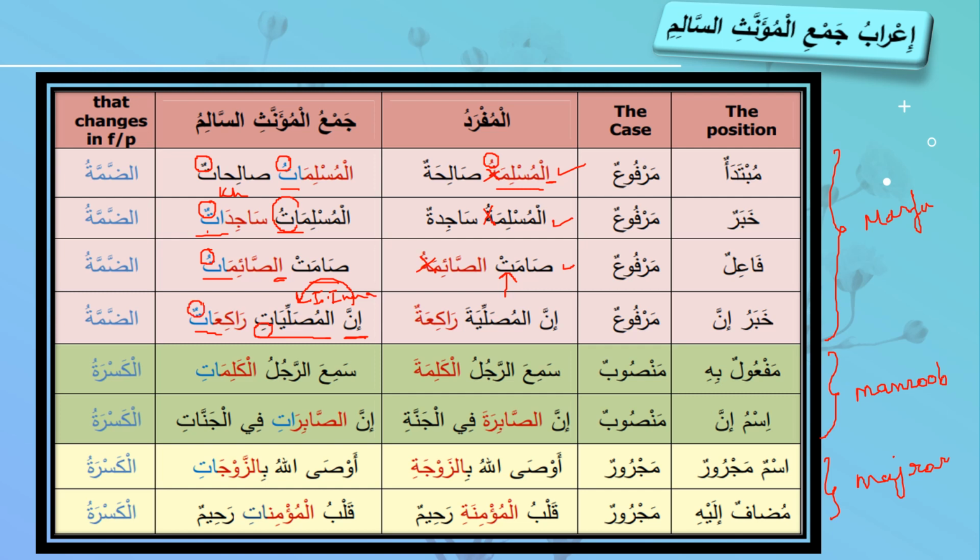Now, maf'ul bihi case. So the first thing was ism inna. So we will be doing here with the ism inna. So maf'ul bihi case here. Sami'a. As you know, maf'ul bihi is only in jumla fi'liyya. So this is the jumla fi'liyya. Sami'a ar-rajulu al-kalimata. So the man heard the kalima, the words. So here it's singular. And now we are only going to make the feminine noun plural. So leave the rajul.